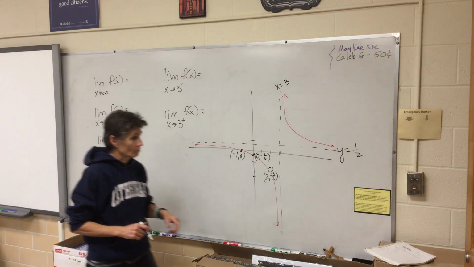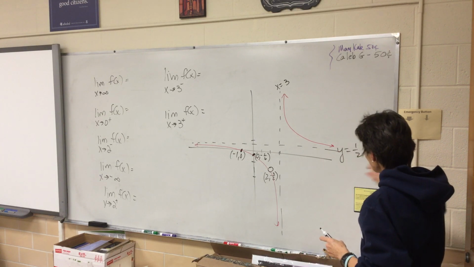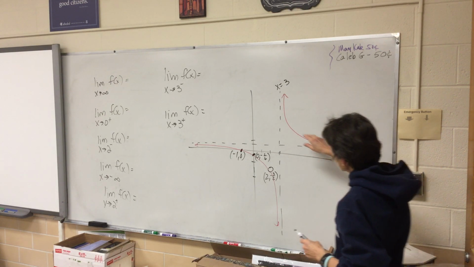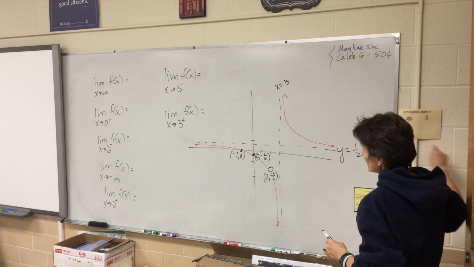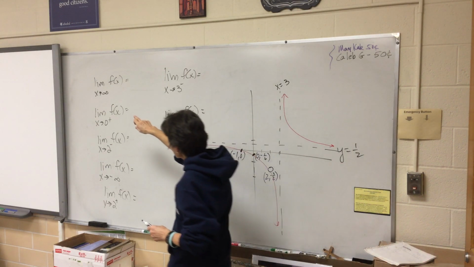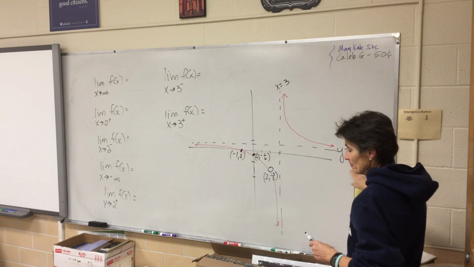Right out here, this is where x is approaching infinity. So you're going to follow your curve all the way to the right. X approaches infinity. This is infinity, clear out here.